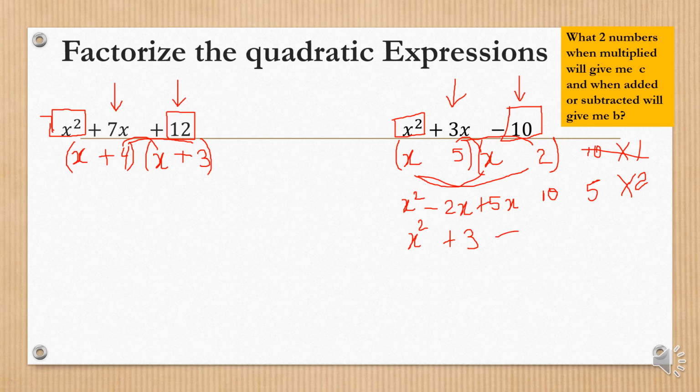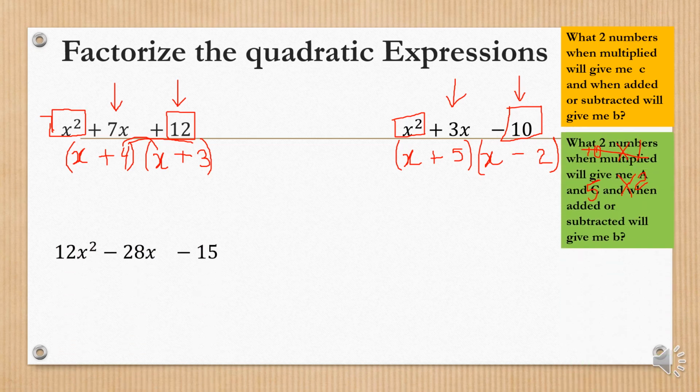Alright, so I'm getting minus 10. Good, so I must have a minus 2 and a plus 5. Yes, I worked out my numbers first, and then I worked out my signs. Okay? Alright, now we're going to do some more. So these two brackets is what I get when I factorize the sum. All of this is my working to verify that my two brackets are correct.